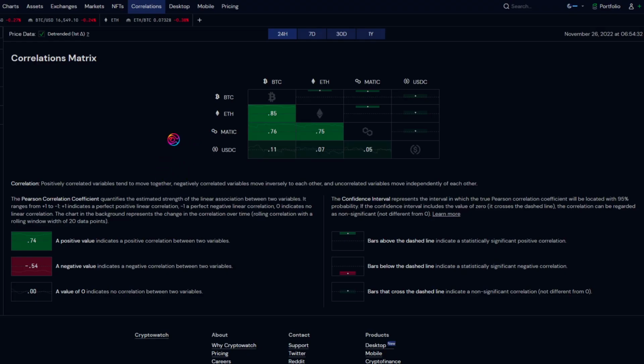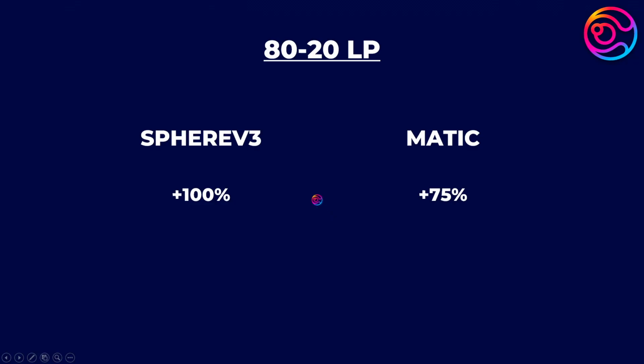Now, since ETH and Matic are approximately 75% correlated, let's assume that sphere and Matic are also 75% correlated. With the 80-20 pairing, a 100% change in sphere with at least a 75% change in Matic results in only 0.14% impermanent loss.